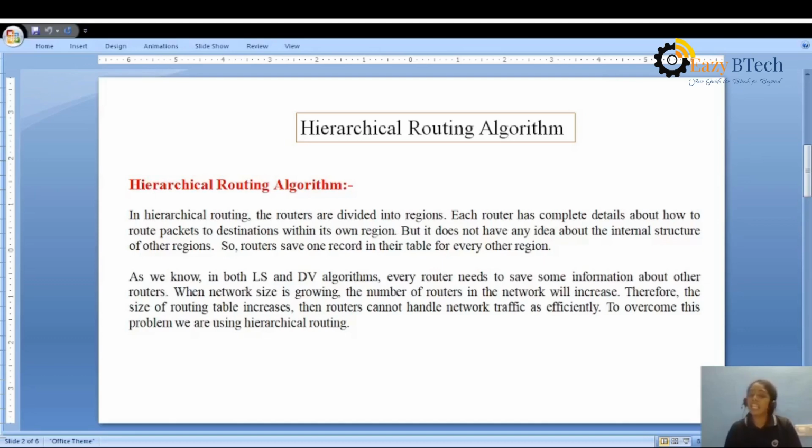Here, each router has complete details about how packets can pass from source to destination within its own region.